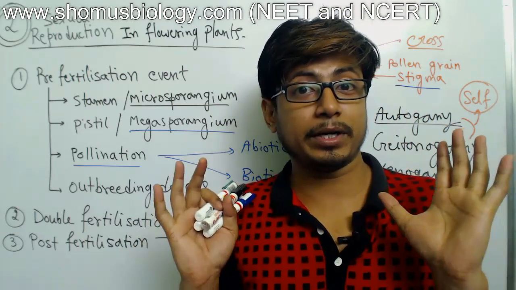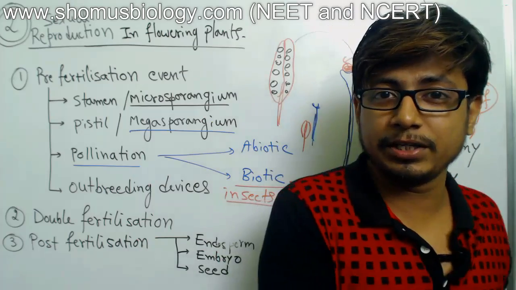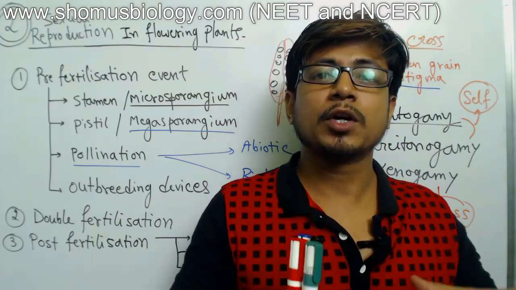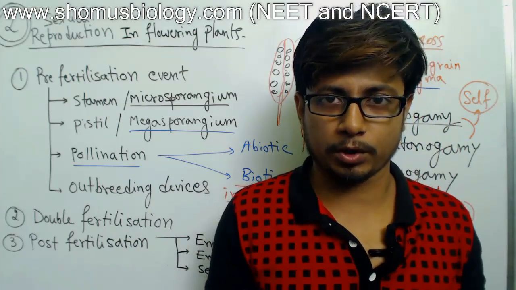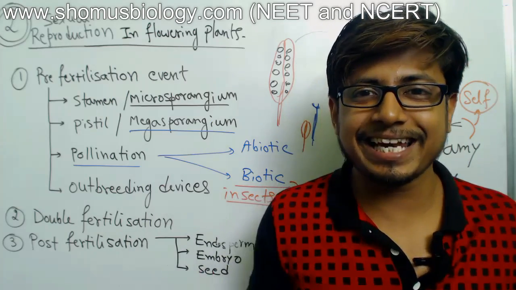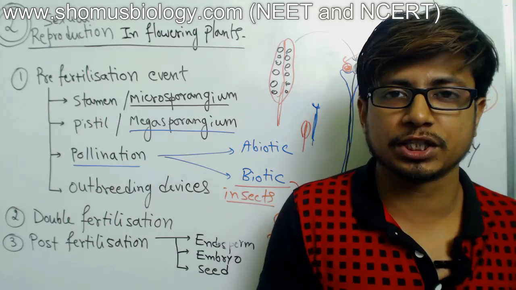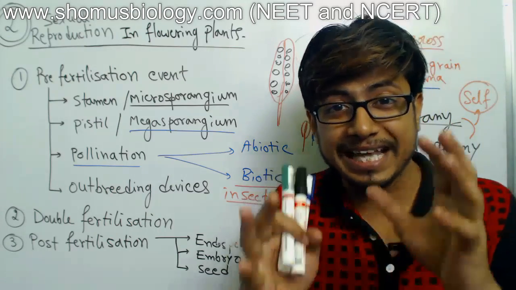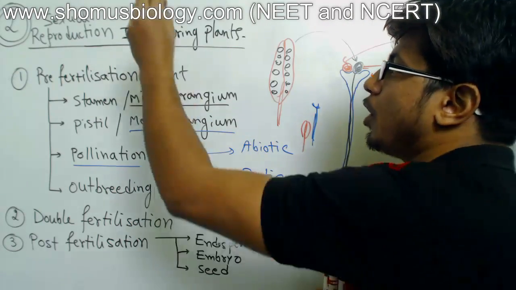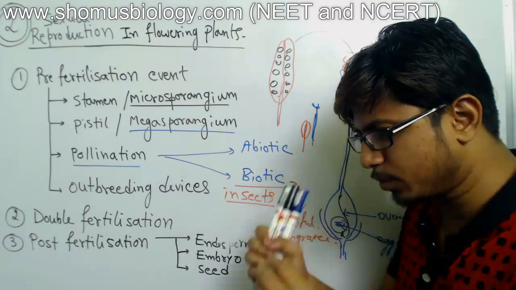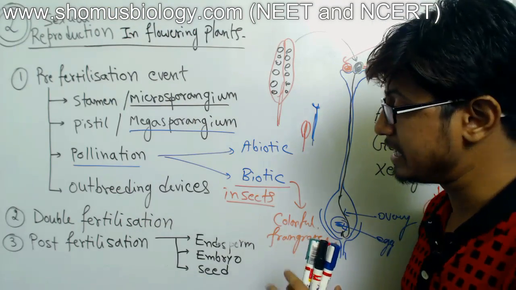And plants are really working hard to get rid of self-pollination, because cross-pollination is more important. Cross-pollination can change the genetic makeup. It develops new genetic variations which are required, which is the actual motto and the actual idea behind sexual reproduction in plants.